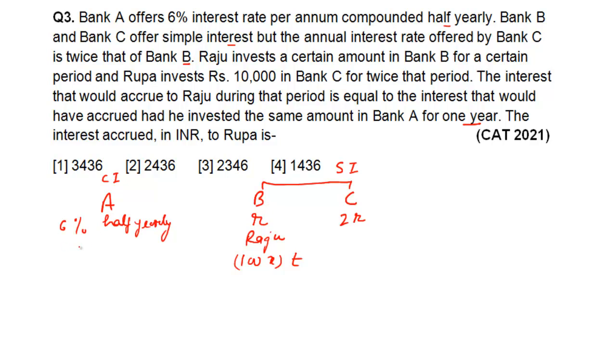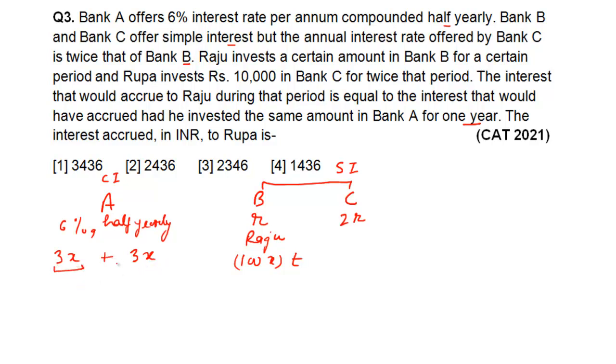Let's calculate the interest accrued to Raju from Bank A. Bank A gives a 6% interest rate per annum compounded half yearly. So for 100x principal, he gets 3x in each half year as simple interest, but because of compound interest he will also get interest on the first 3x.